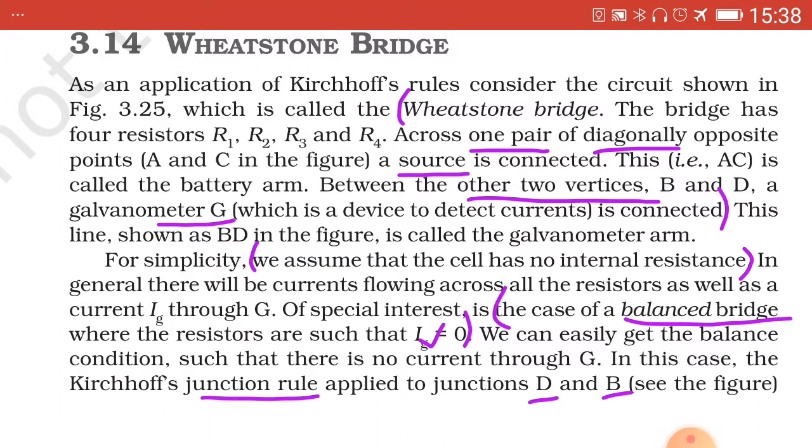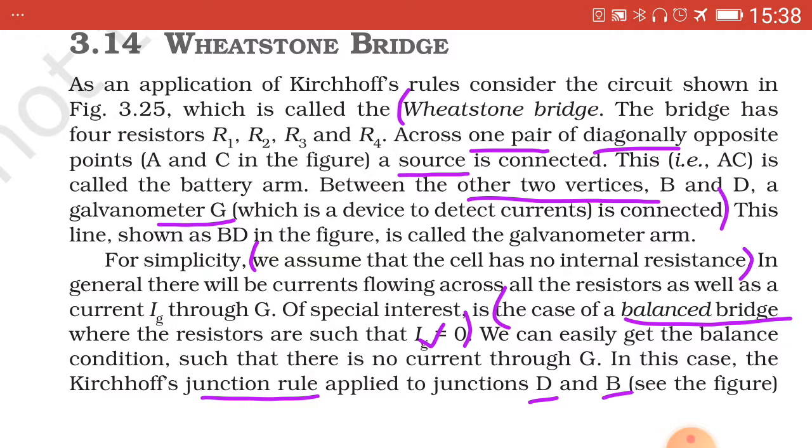So there are four resistors R1, R2, R3 and R4, and across one pair of diagonally opposite points, that is A and C in the figure, a source, that is a battery, is connected. Between the other two vertices B and D, a galvanometer G is connected. The galvanometer will detect currents.